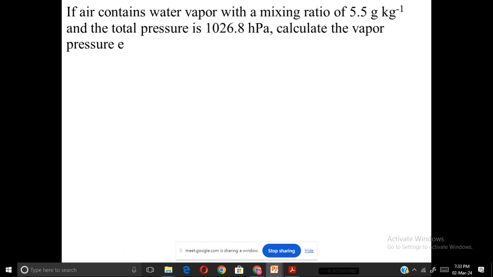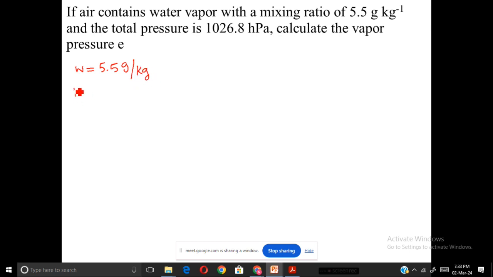So now coming back to the question, suppose air contains water vapor with a mixing ratio of 5.5 gram per kilogram. So mixing ratio W is 5.5 gram per kilogram.